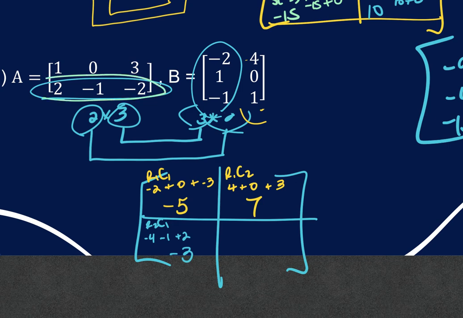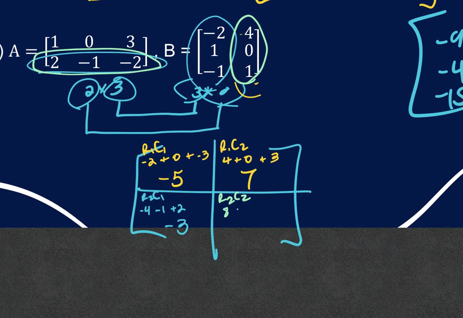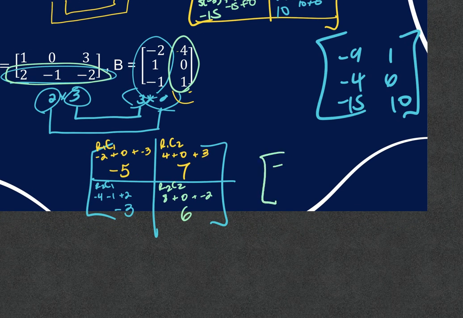And then row 2, column 2, and I get 2 times 4, which is 8, plus negative 1 times 0, which is 0, plus negative 2 times 1, which is negative 2, and I get 6. So negative 5, 7, negative 3, and 6.